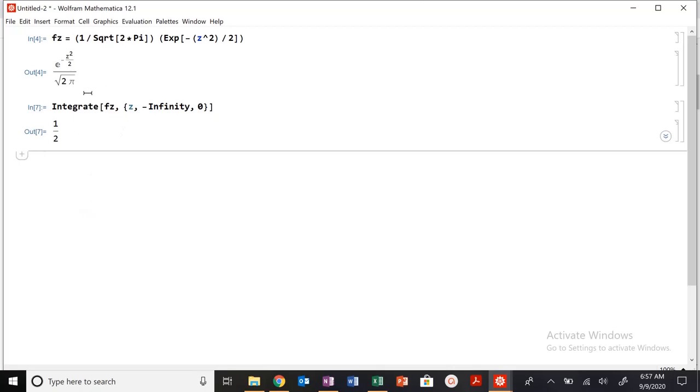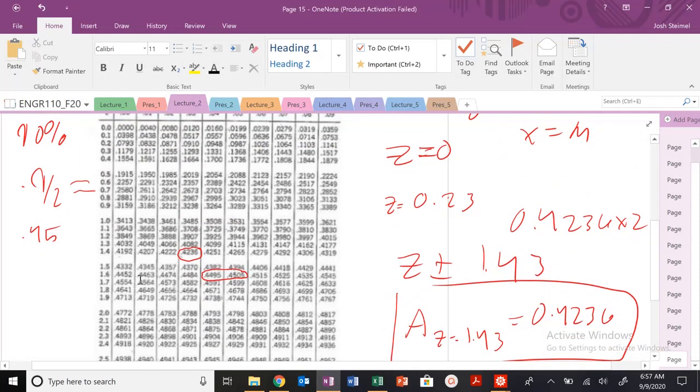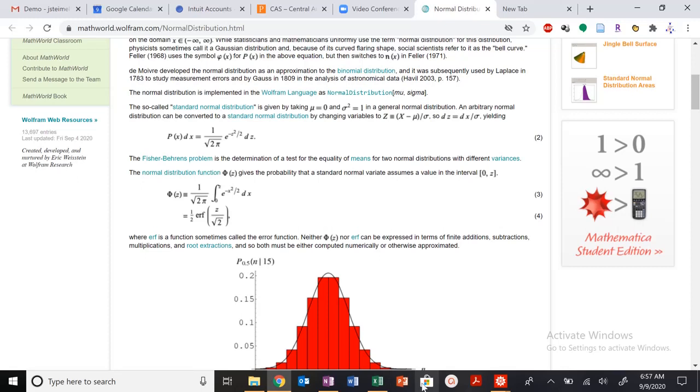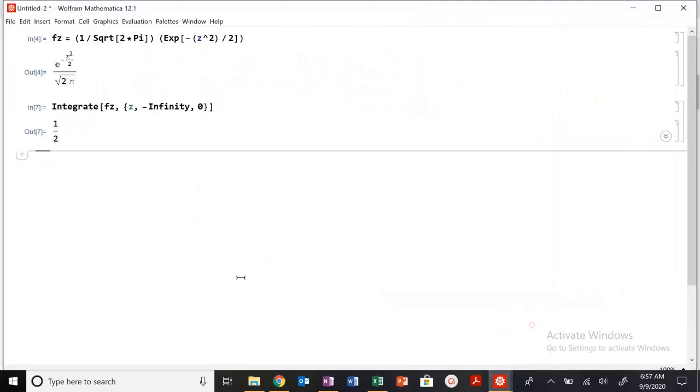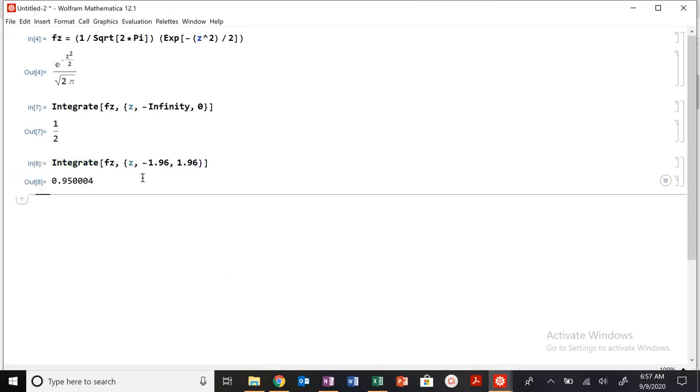If I want to calculate a 95% confidence interval, I know from my z table that it's 0.475, a z value of 1.96. So if I integrate f of z from minus 1.96 to 1.96, I get 95% approximately.